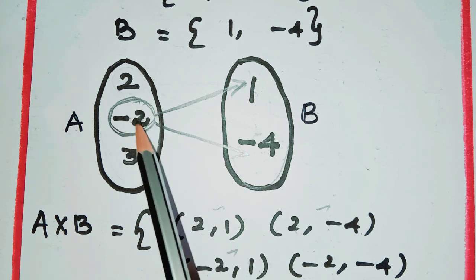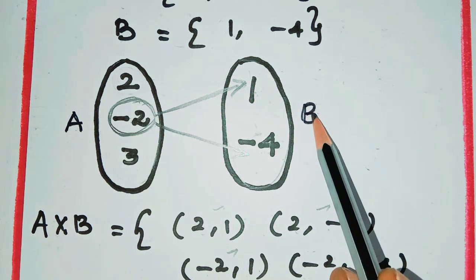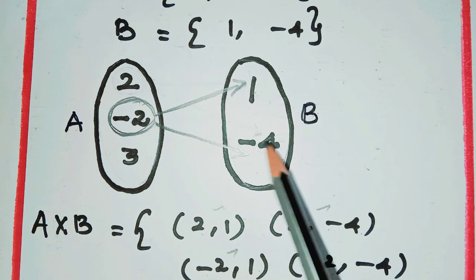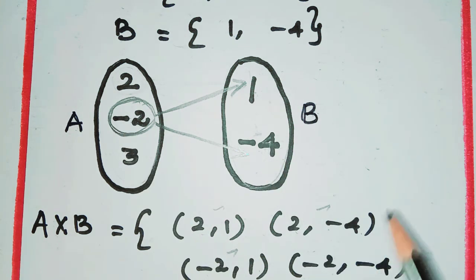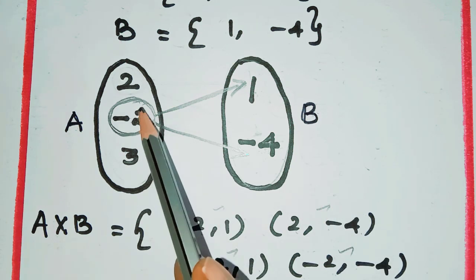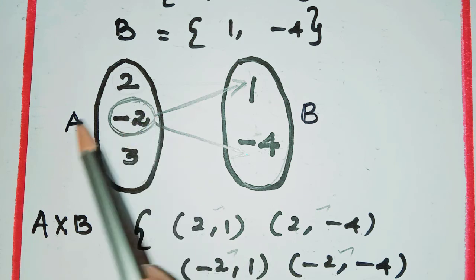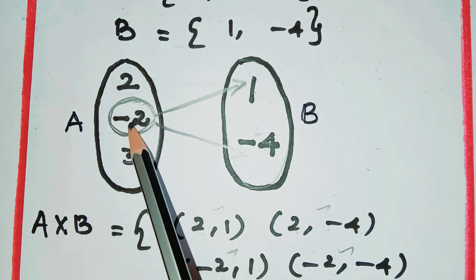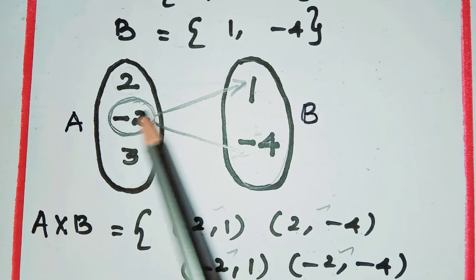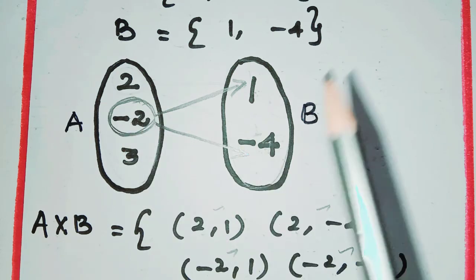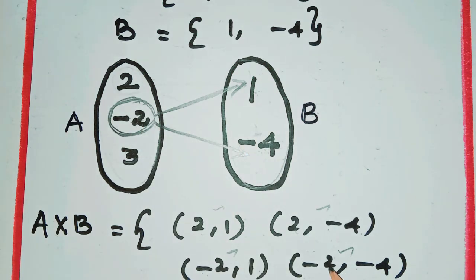Next, the second element is also paired with the second element of B, that is -4. (-2, -4). These are the two possible ordered pairs using the second element of A. So -2 paired with 1, and -2 paired with -4. These are the two ordered pairs using -2.